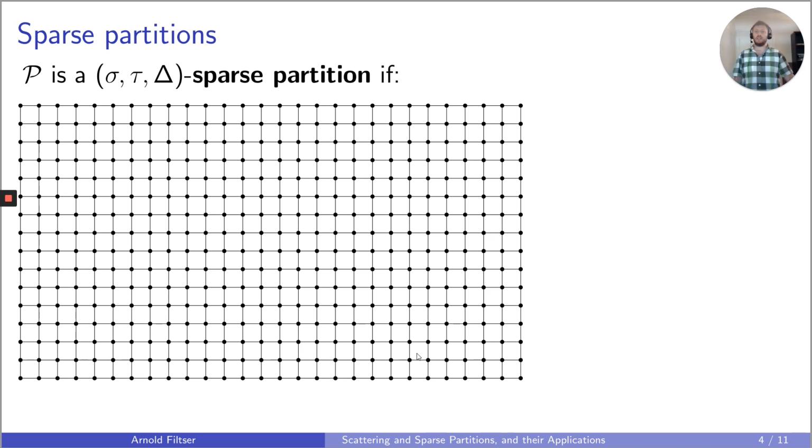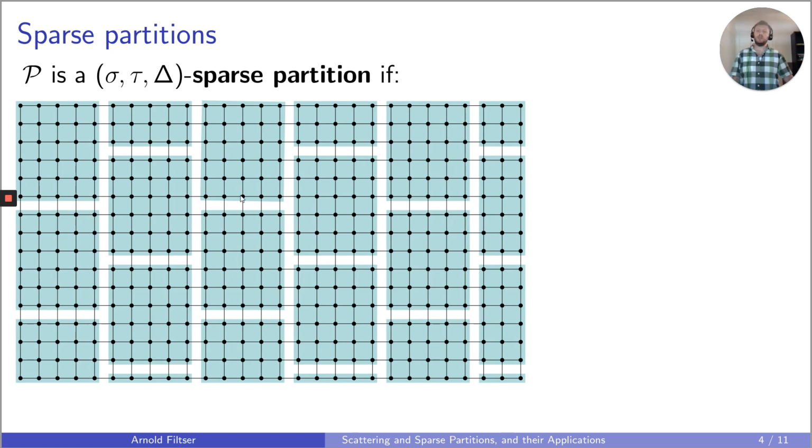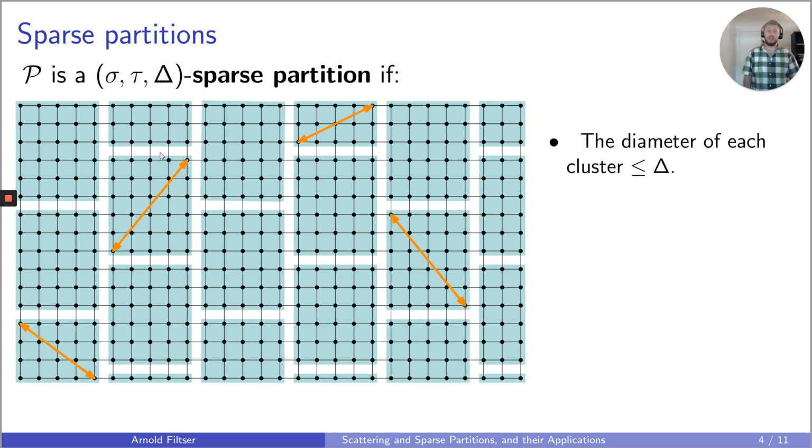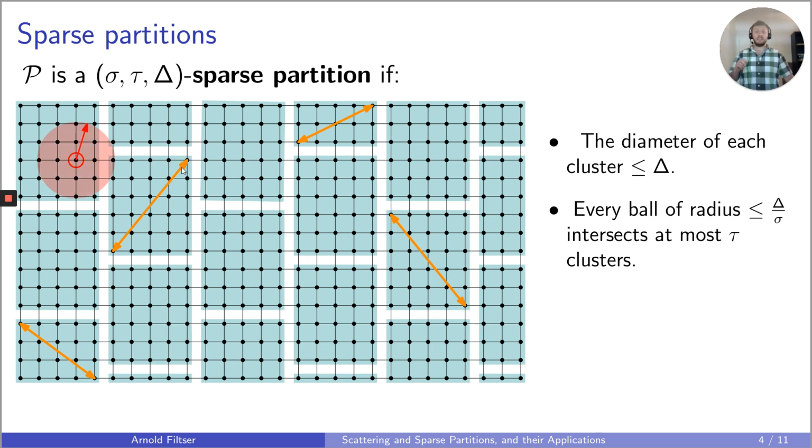So we'll start with sparse partitions. Here we say that the partition P, so you divide all the vertices in the graph into clusters, is a sigma-tau-delta sparse partition if, first, each cluster has diameter at most delta, and secondly, every ball of radius at most delta over sigma, which is kind of a padding parameter, how much smaller you want it to be than the diameter, will intersect at most tau clusters.